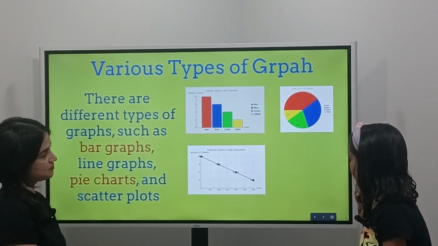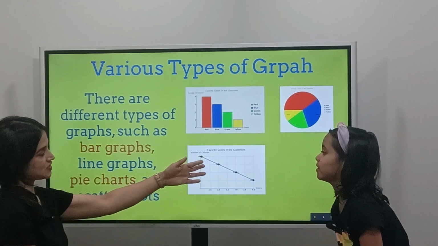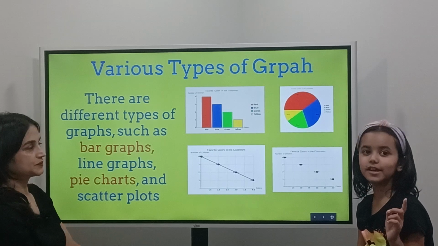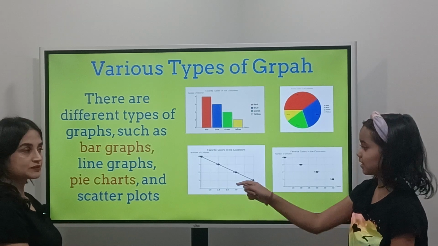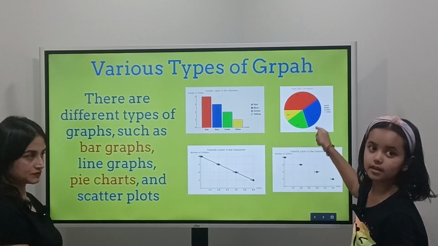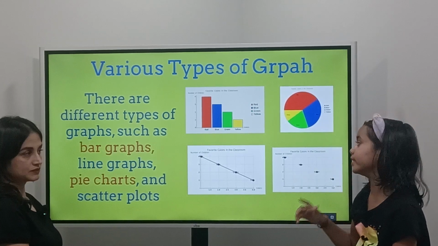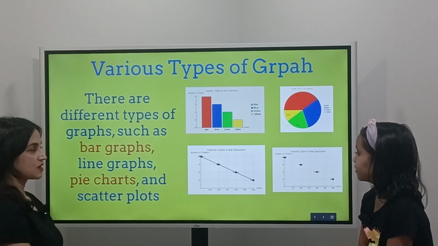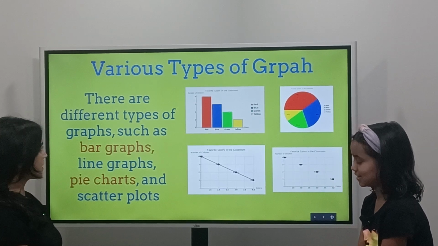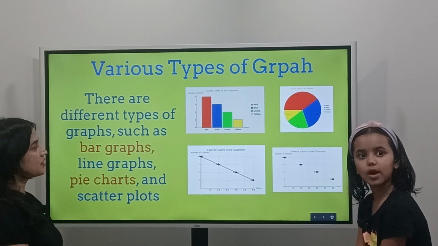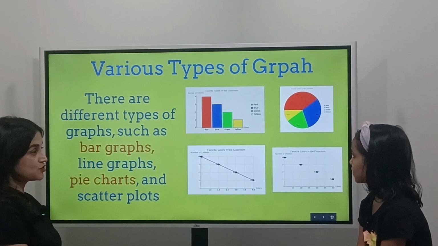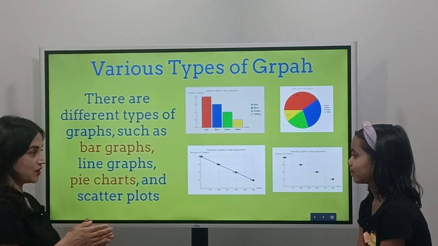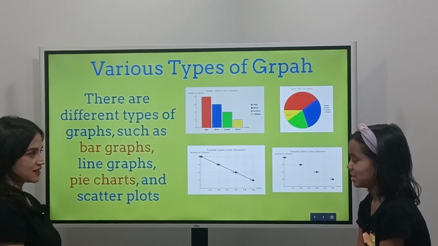Okay, the last one. But can you please show the last one first? Remember in the beginning, there was one like this. That's also a line graph. And the last one is a scatter plot. So basically, graphs help us to see things in pictures, which makes it a little simpler than words.